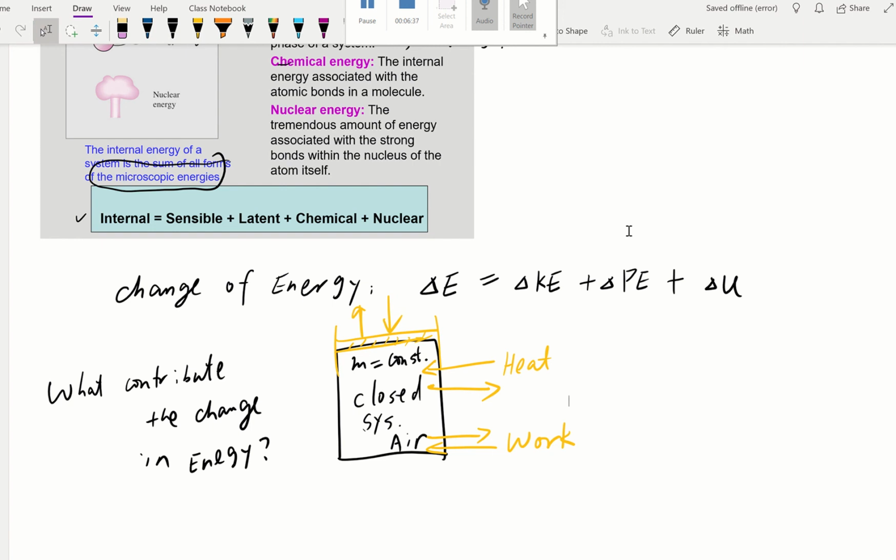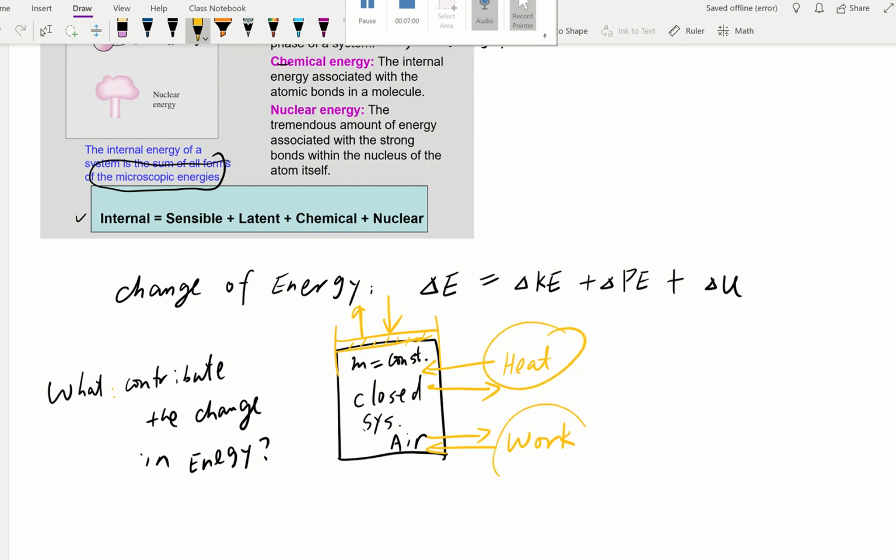Your energy level gets lower afterwards. So what happens when this air pushes the piston up? The air is doing work on the surroundings. The internal energy of the air will decrease. So, to answer this question, what contributes to the energy change? Do you have an answer?